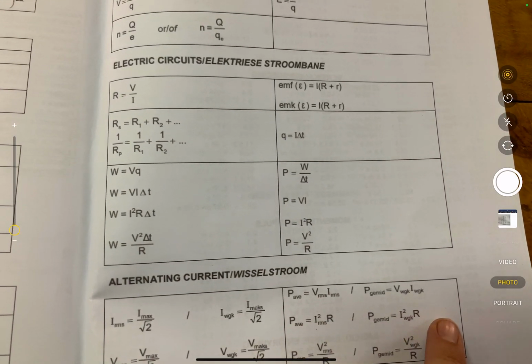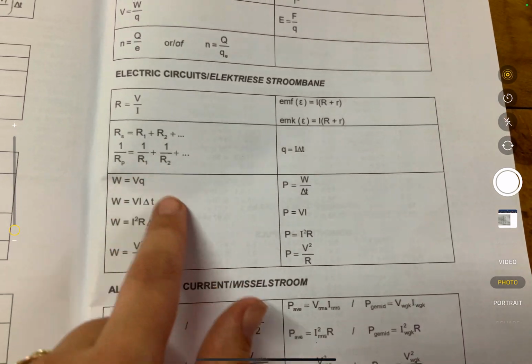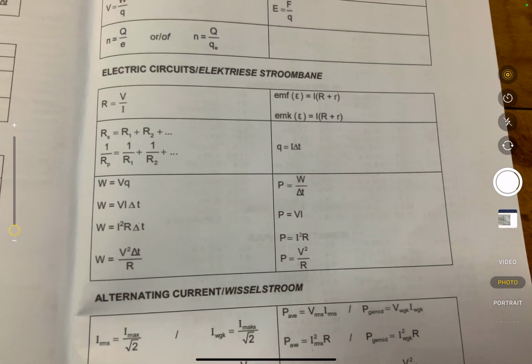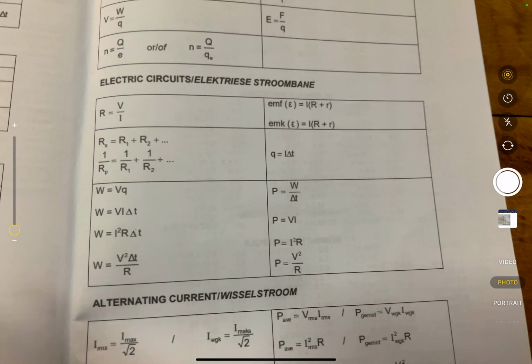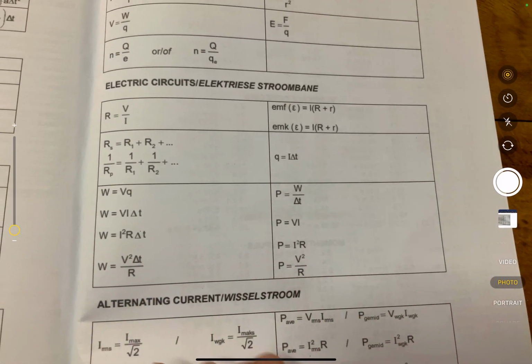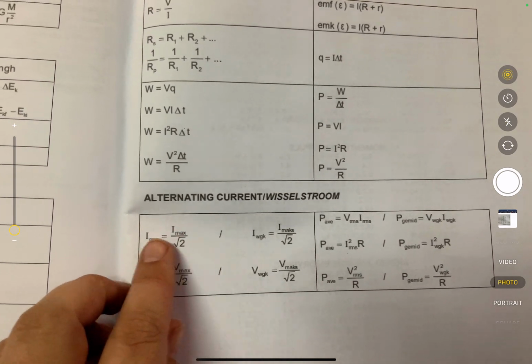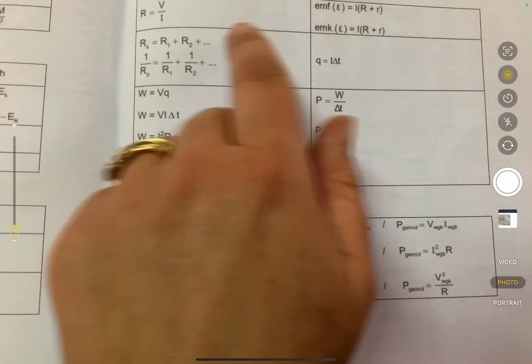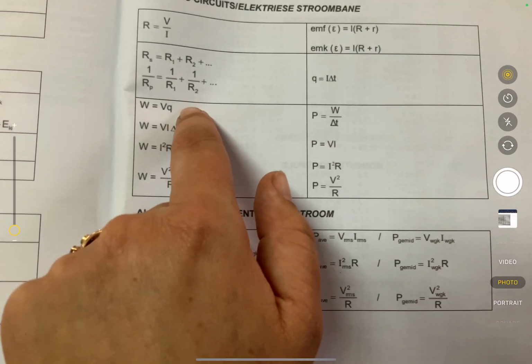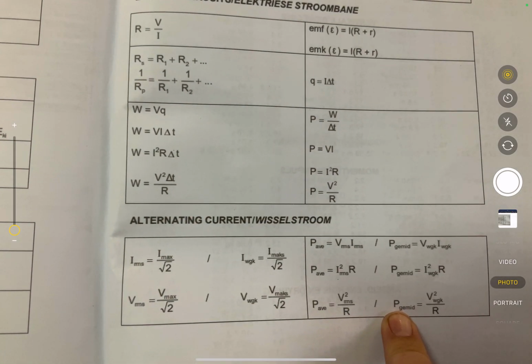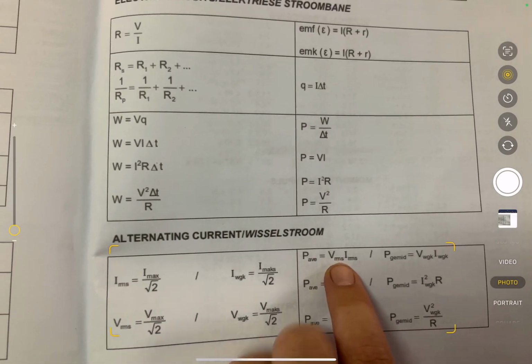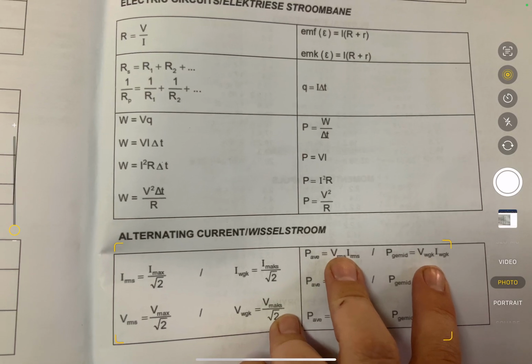So jy kan hierso nie 'n max in en 'n RMS en wat ook al. Alles moet dieselfde wees. Okay? You can't mix the two. What do I mean with you can't mix? You can't mix max with RMS in any one of these formulas. Okay. Hierdie formules gebruik, moet dit alles dieselfde wees, verkieslik WGK of RMS. Okay.